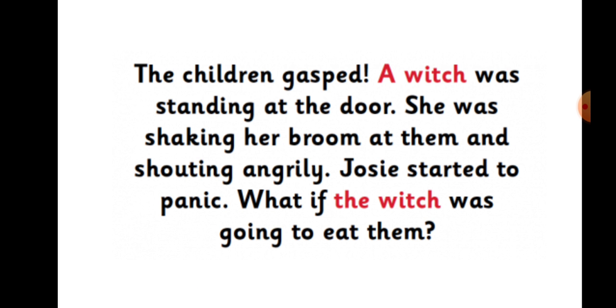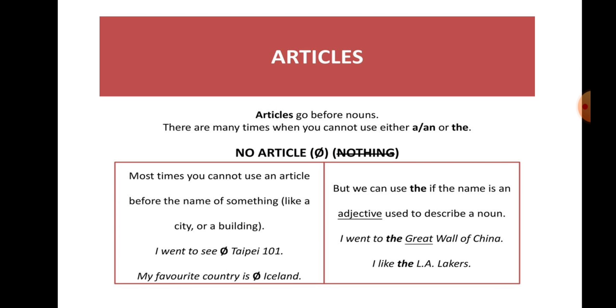Now before, a was used, which is an indefinite article, because it was talking about a witch. Which witch we do not know, because it wasn't mentioned earlier. But now when it has been mentioned earlier, later on when you again speak about it, what if the witch was going to eat them? So you use the definite article because the witch has been already mentioned before and now you are mentioning it again. So in this way you will be using definite articles.